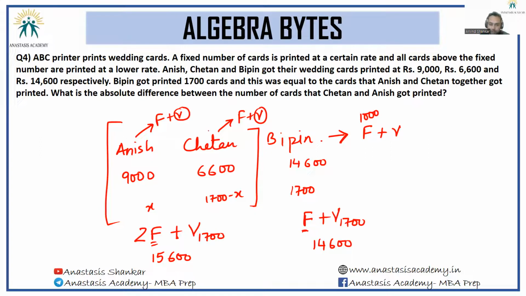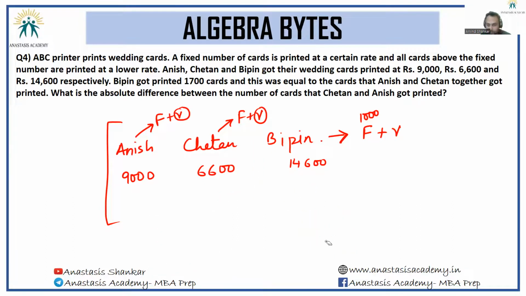Is equivalent to 1,000. If the fixed charges are uniquely identified as 1,000, so I'm saying forget those fixed charges. Effectively, everybody has given 1,000.